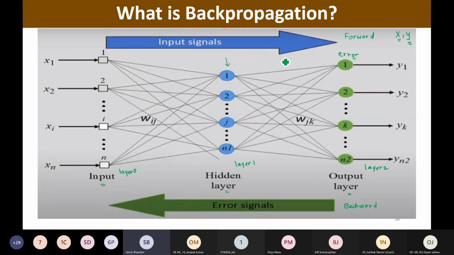In fact, see here, the output of this hidden neuron is given as input to my output layer. The output of the hidden layer is presented as input to the output layer.